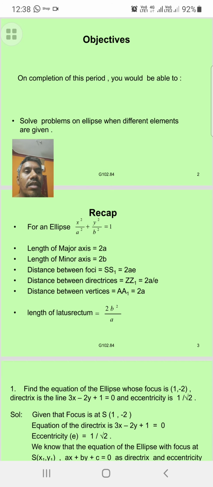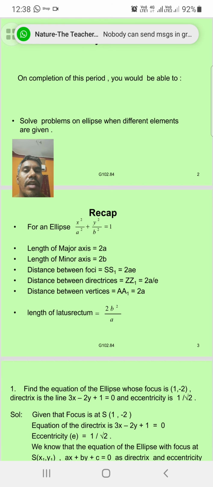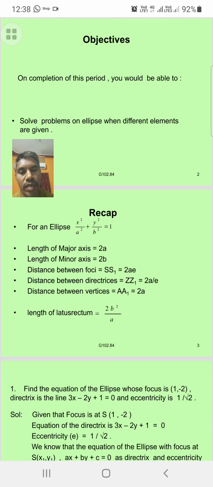If we form a single-term equation and solve it, we will get the a value or b value, and then it is easy to bring the equation of the ellipse.